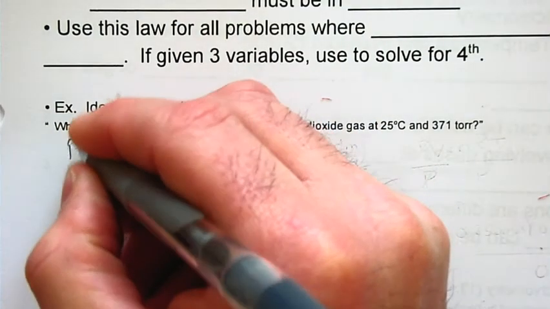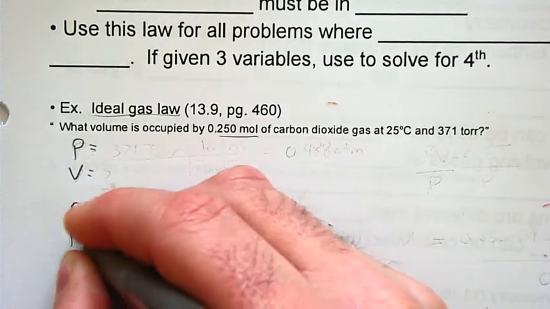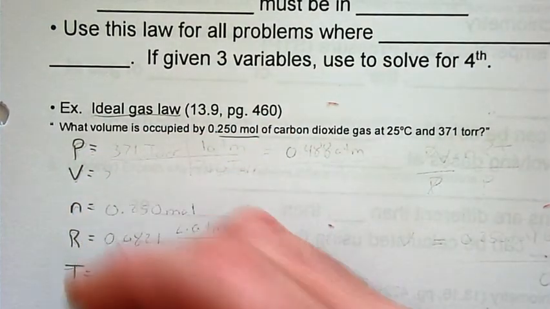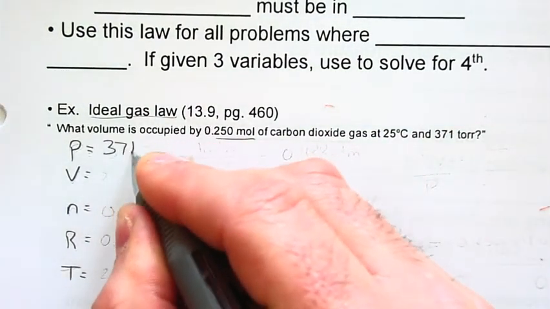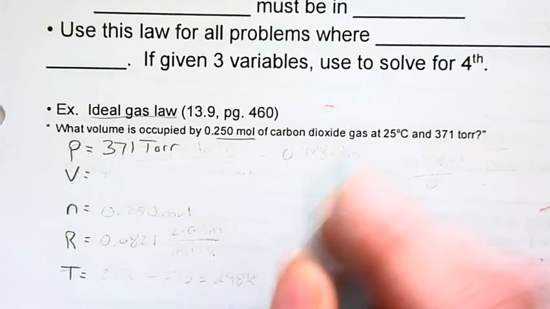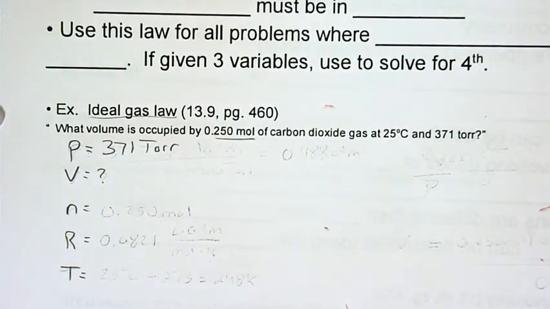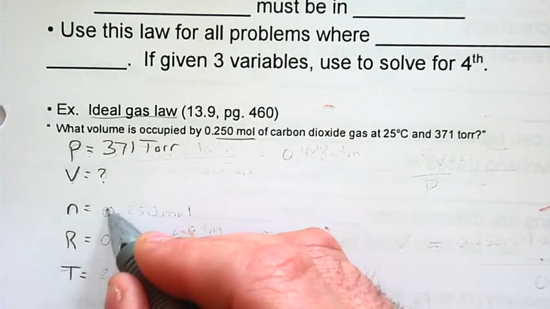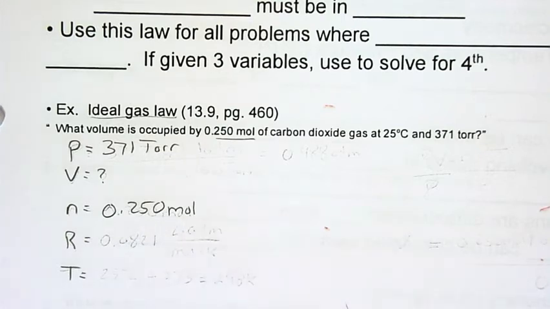So I list out each variable, P, V, n, R, and T. P is for pressure, so that's the 371 torr. V is for volume, and that's our unknown. n is the amount, so that's 0.250 moles.